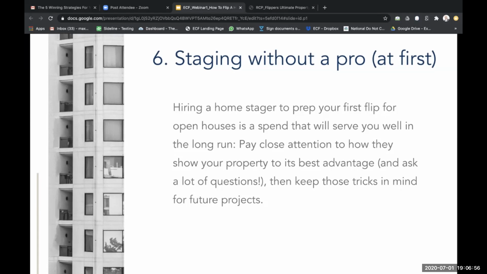Because when you're looking at an empty living room, an empty dining room, and empty bedrooms, the mind can't really grasp it because nobody knows where the beds are going to be and the drawers and, in the kitchen, whatever utilities you have in the kitchen. So having a stager showing your property is a best advantage. Yes, it may cost you hundreds, maybe $1,000 or $1,500. One of my guys uses a stager for every single deal, and it costs him a $1,500 flat fee.